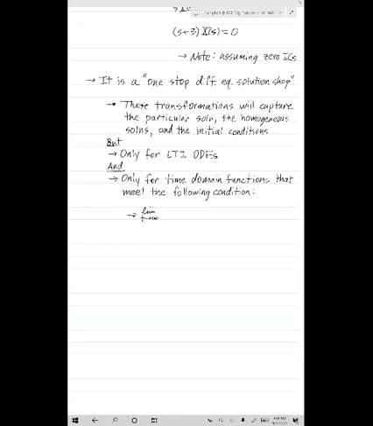So the limit as time goes to infinity, so as we go infinitely far out in time, when I take that time domain function and I multiply it by e to the negative sigma t, well, specifically take the absolute value of it, that needs to go to 0.